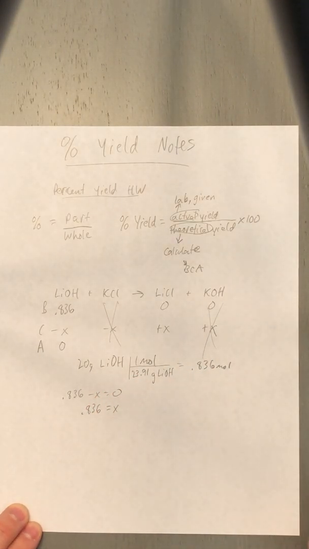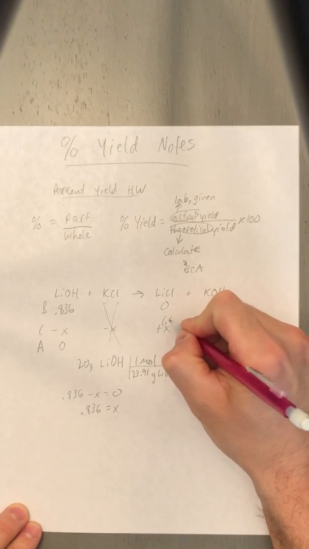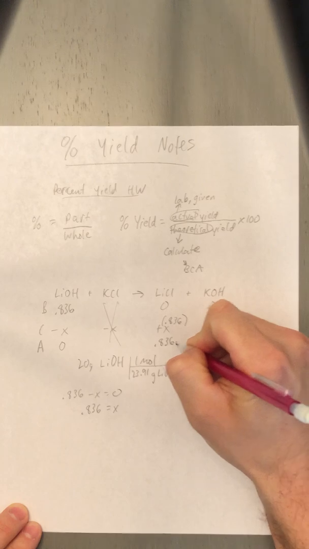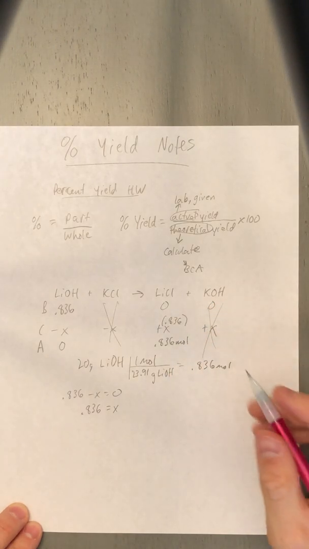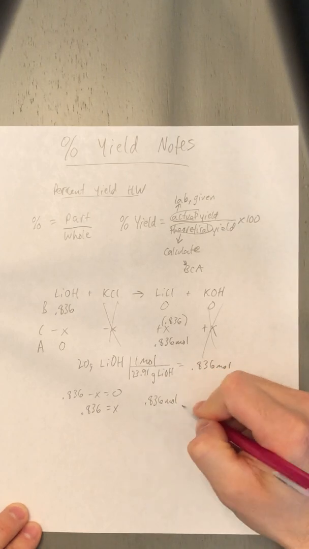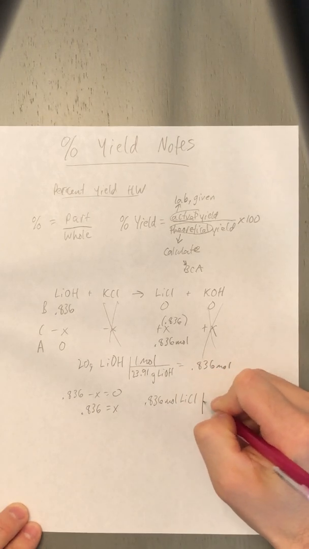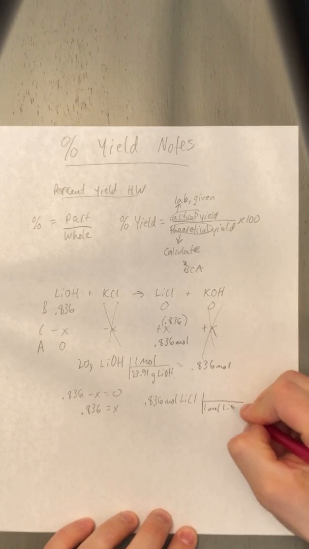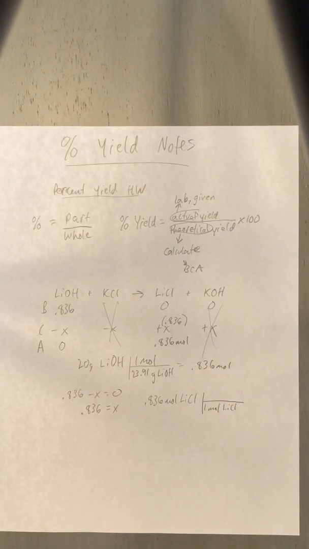We can plug our x value in right here, and we get 0.836 moles of LiCl. Just like last week, we can convert 1 mole of LiCl to find the mass.